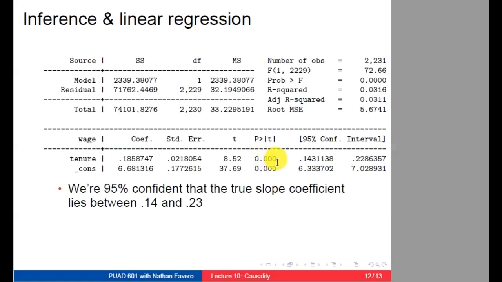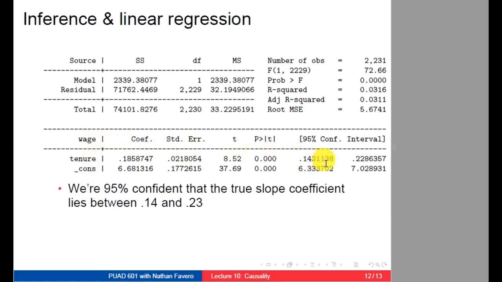The p-value is what we need in order to be able to draw a conclusion about our null hypothesis that the real coefficient is equal to 0. And you can see that this p-value is very small. It's less than 0.05. And so we would say we can reject the null hypothesis that the true coefficient is equal to 0 and conclude that there is some real relationship between tenure and wage, even after taking into account random noise that is in our data set.